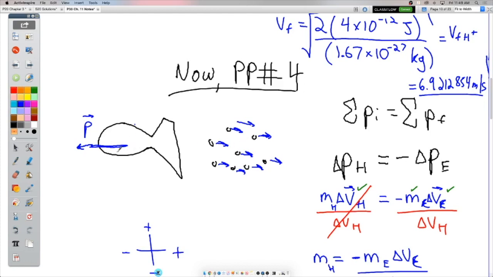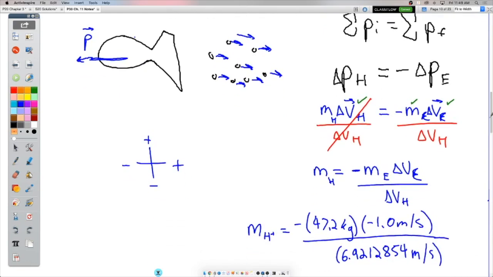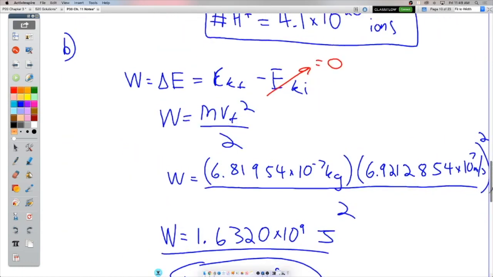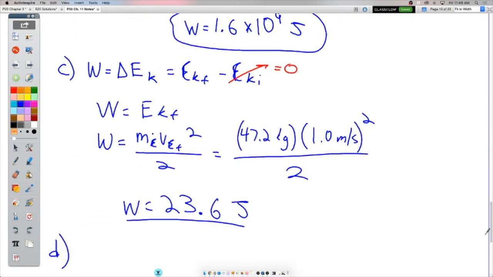So how could energy have been conserved? Whatever work was done on these would have needed to be done on the engine. So when we go back and consider our hydrogen engine system, is it isolated? Well, you tell me. Those would need to be the same value.